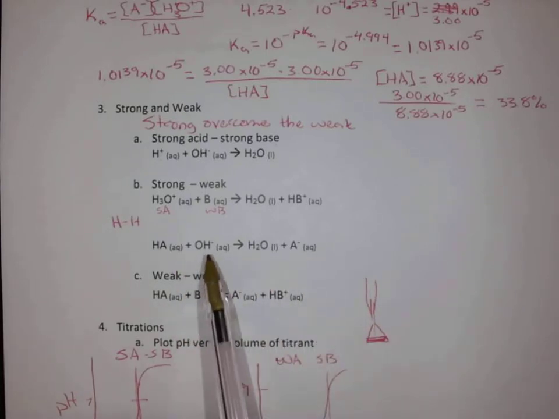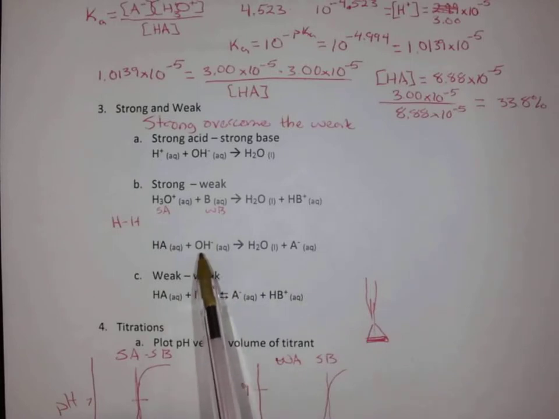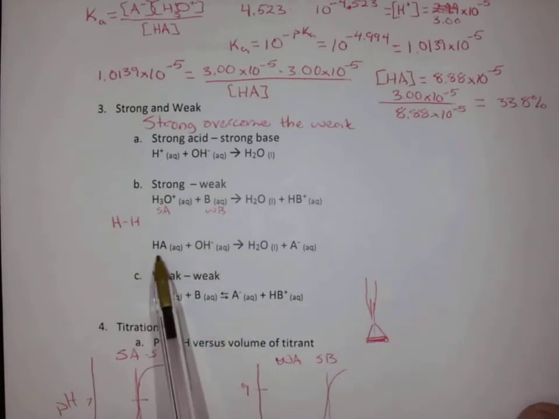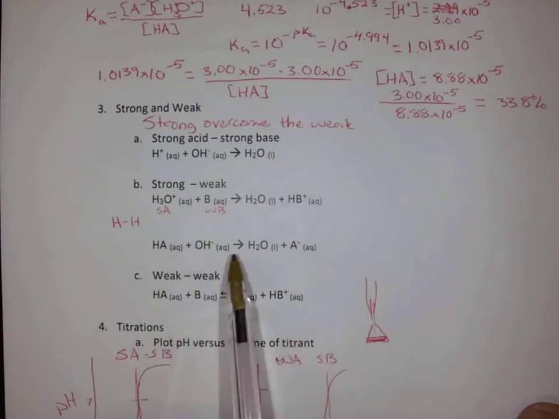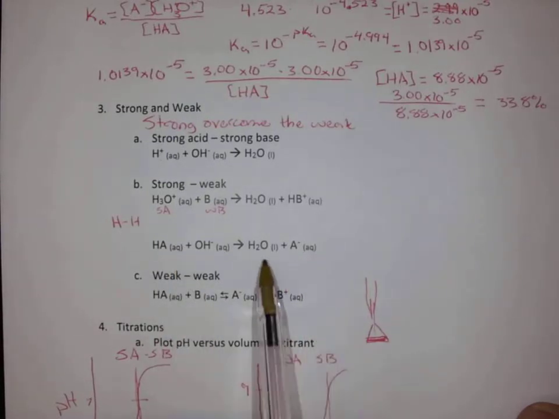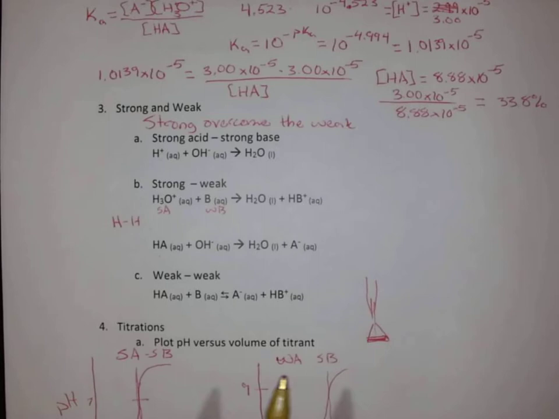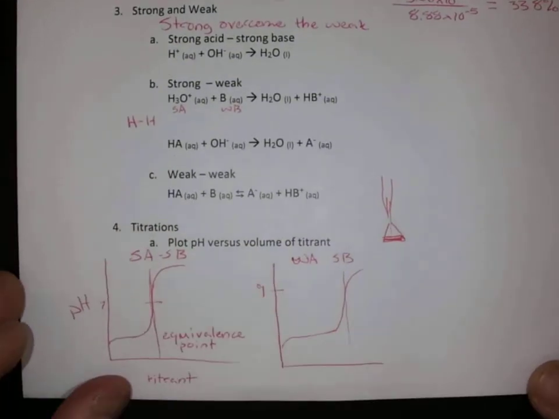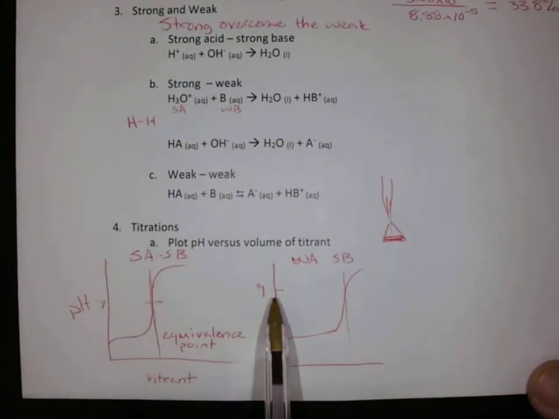So as we add OH minus equivalent to our initial concentration of our acid, we're going to have extra base in there as well. That's why our pH at the equivalence point ends up being above 7.